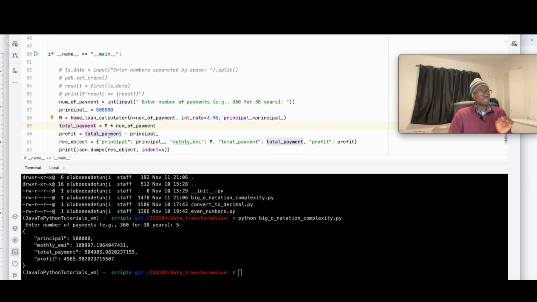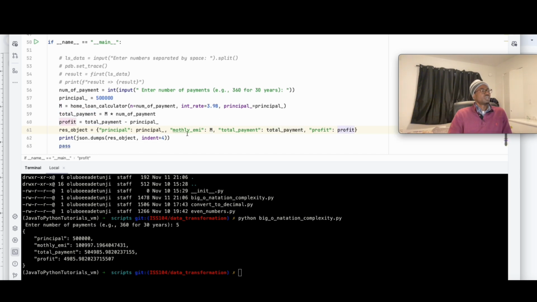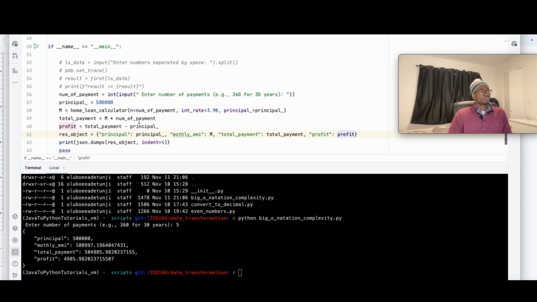We can then take the principal away from the total payment to get the profits, as in line 60. And from there, we can create these objects in Python where we set the principal, the monthly payment, the total payments, and the profits, so that we can print that to the console. So I'm going to run this script now.